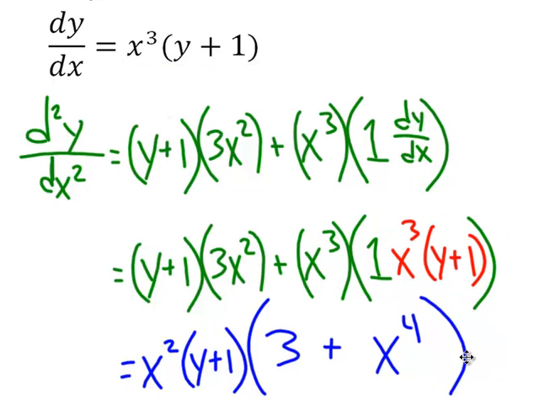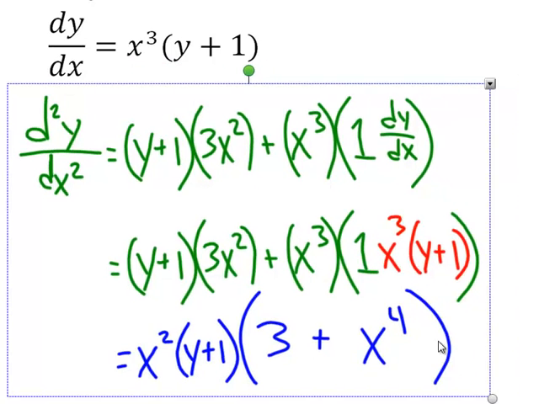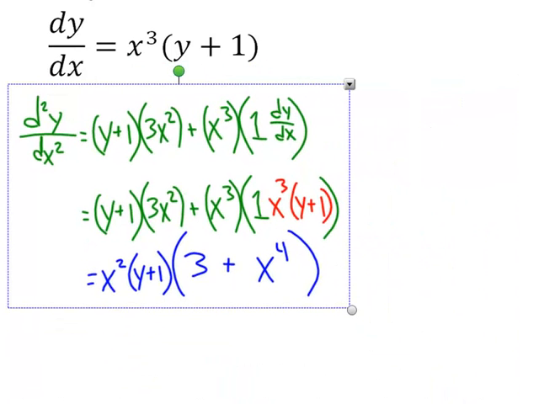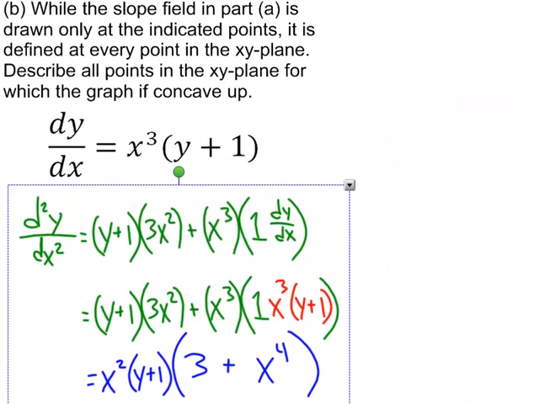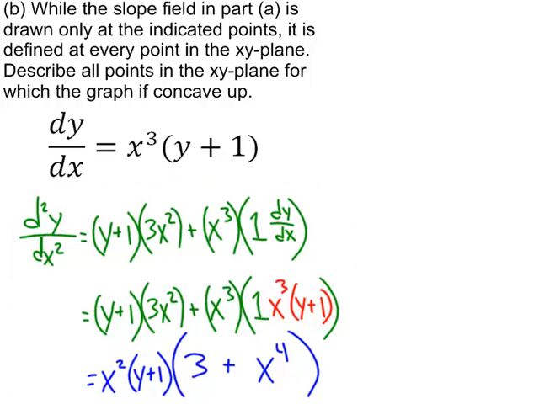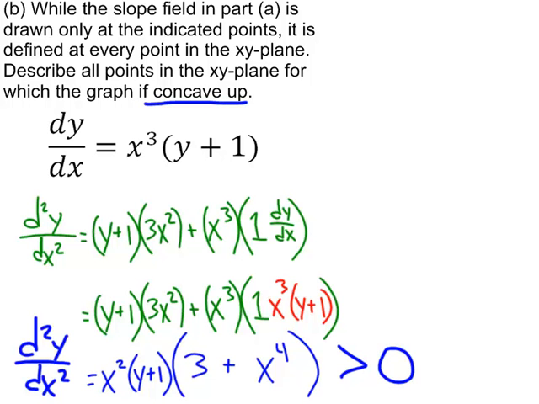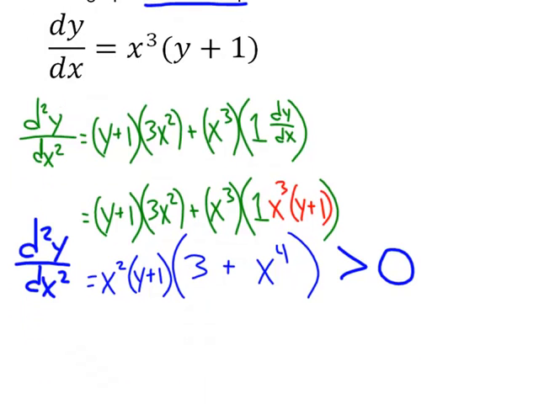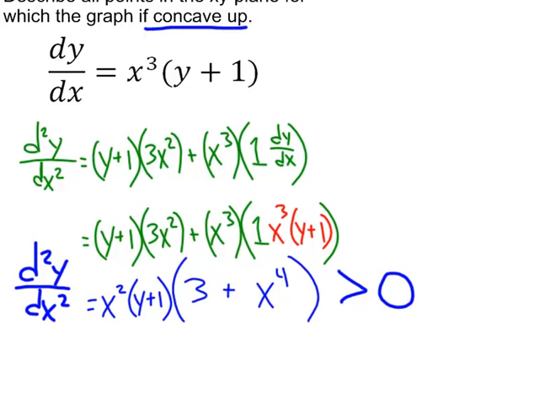All right, now that's our second derivative. What is it we're supposed to do with that? Well, let's remind ourselves. We are looking for where this graph is going to be concave up. So we need this second derivative to be greater than 0. All right, so let's look at that second derivative one factor at a time.